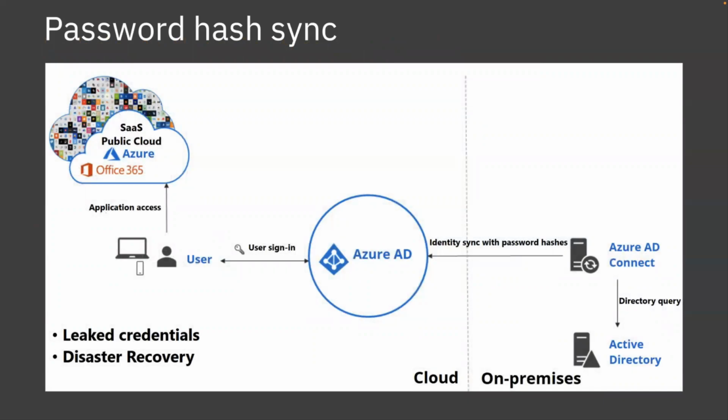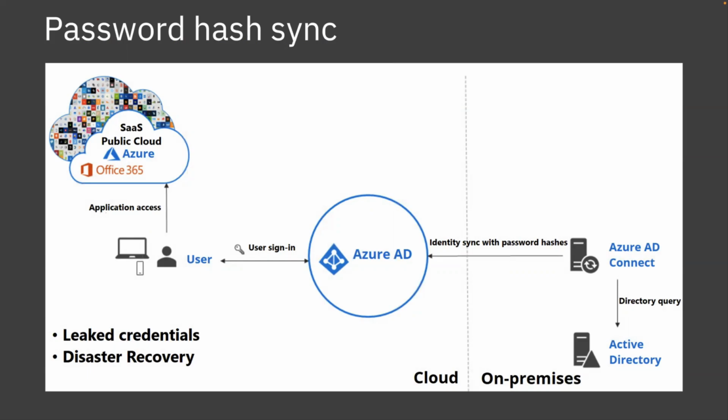The user signs in when basically we have an on-premises Active Directory. And when Azure AD Connect is linked to Active Directory, the user accounts, group accounts, contacts, those properties are replicated into the cloud. All the attributes of the object are replicated with the exception of a password.